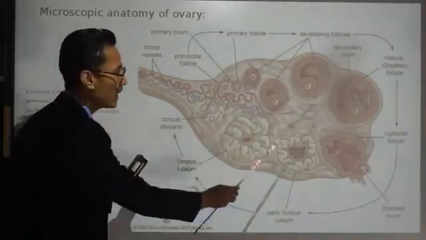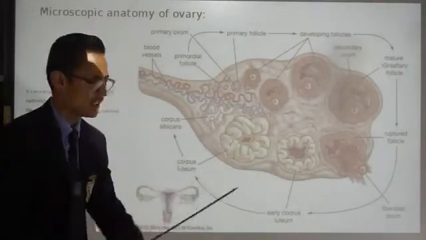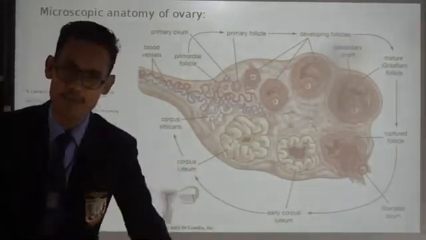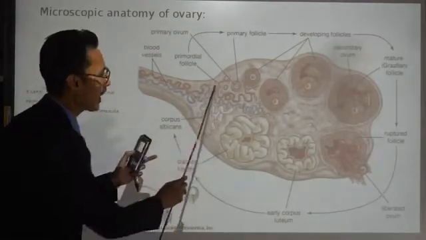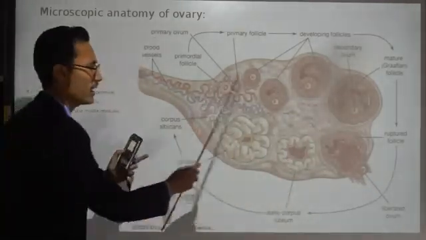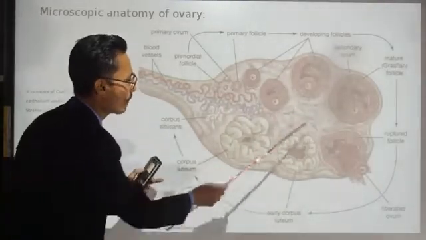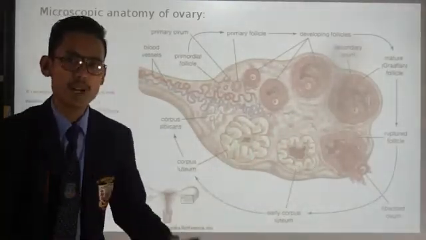Within the medulla, we will find the follicles at different stages of development. Clear? The entire middle part, which contains the follicles at different stages of development, is called the medulla.